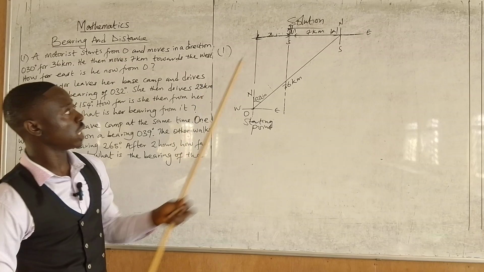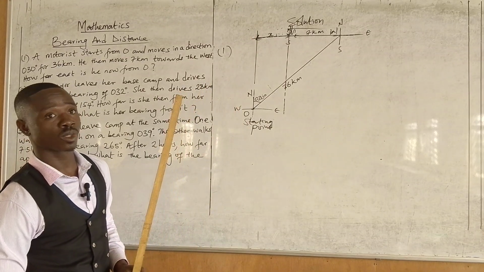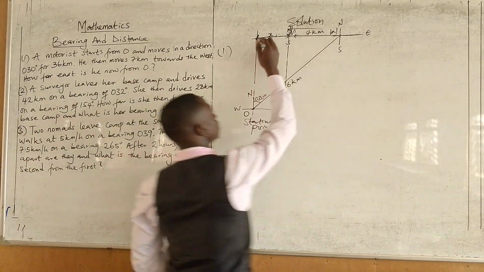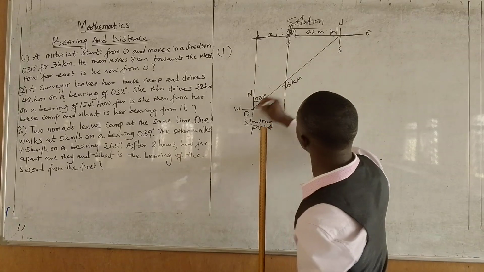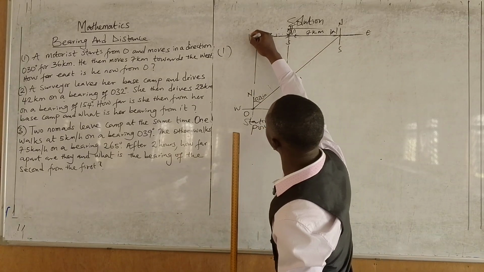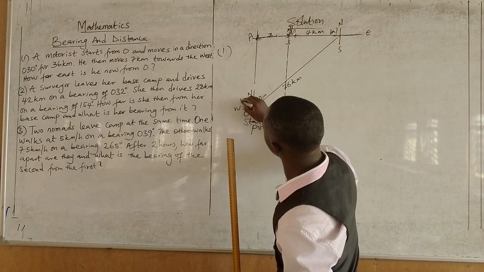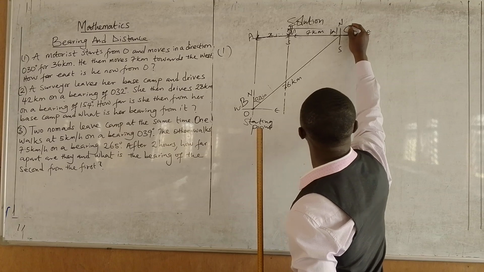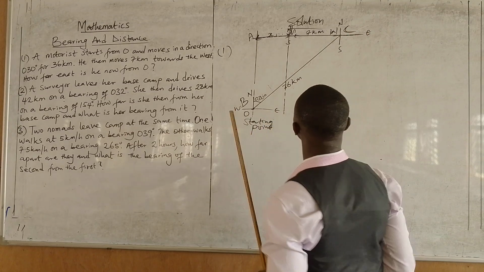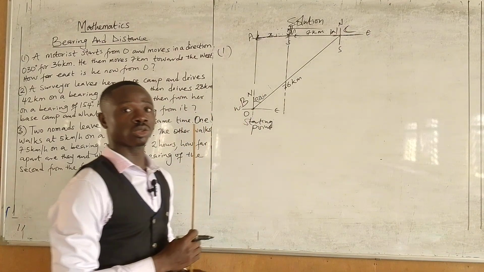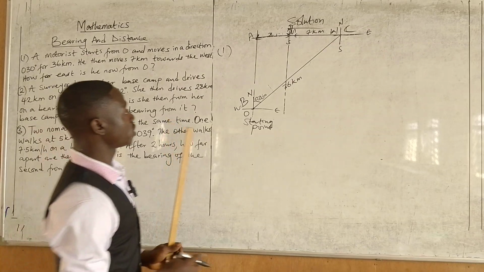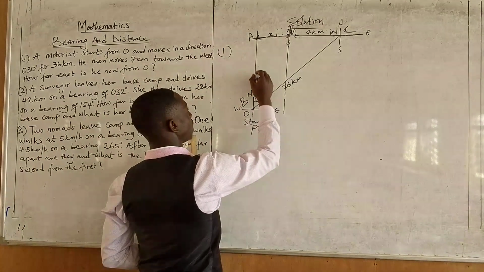All right, so how do we get that? Look at this triangle here. Maybe I should just name here A, call here B, call here C. Triangle ABC is a right angle triangle, as you can see. Why?